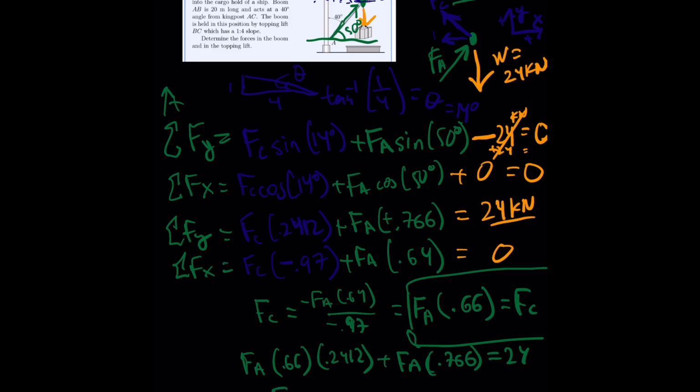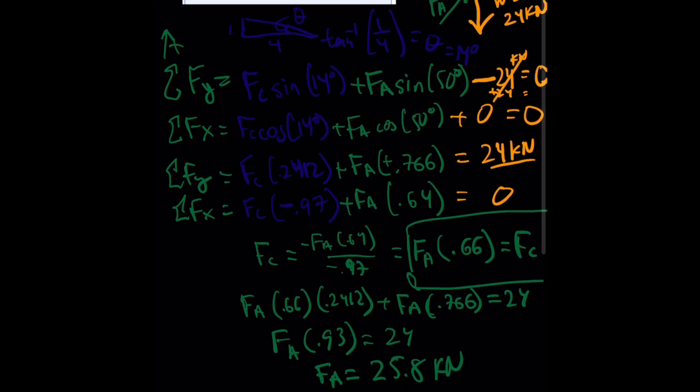FA times 0.93 equal to 24. And when we solve for FA, we get 24 divided by 0.93, which is pretty much 25.8 kilonewtons.